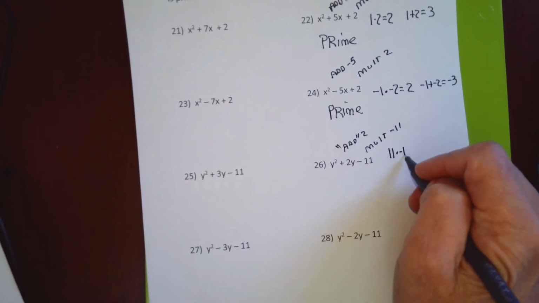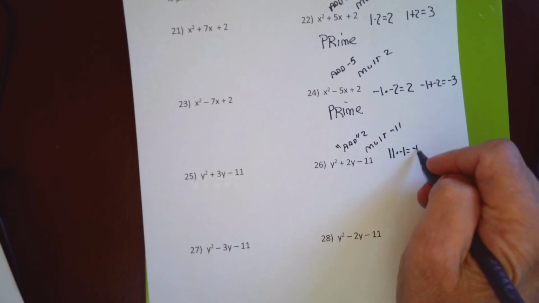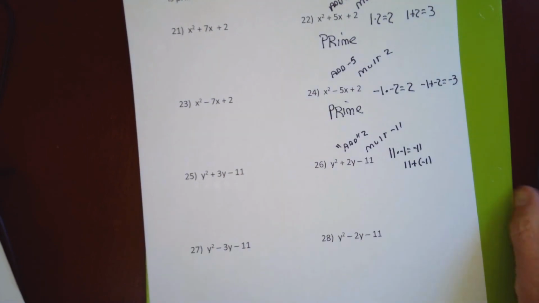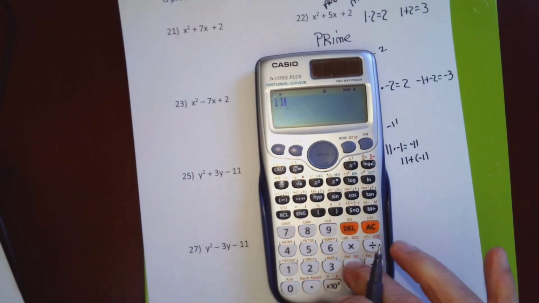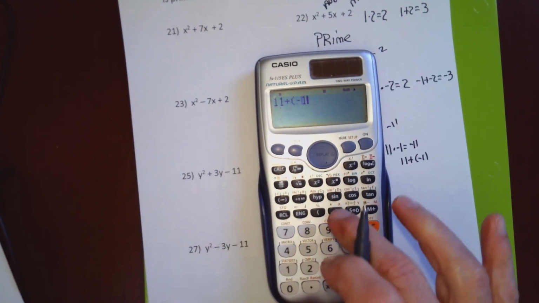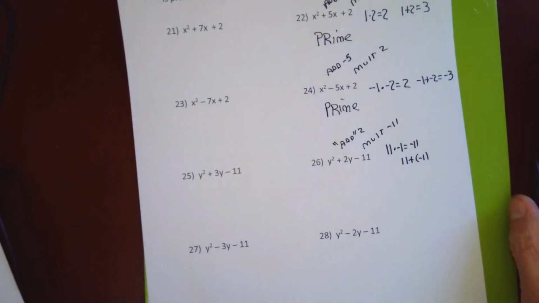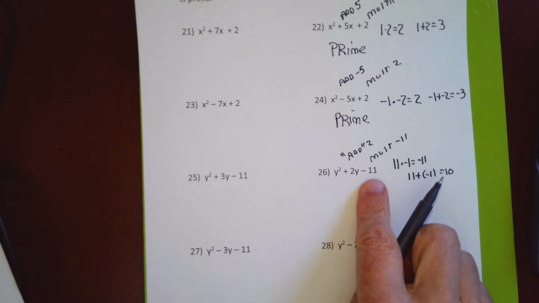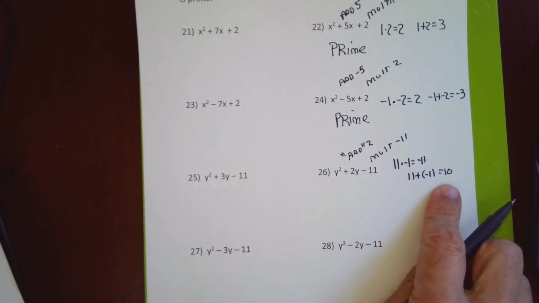So 11 times negative 1 multiplies to negative 11, but 11 plus negative 1 doesn't add to 2. So the only choices that can possibly multiply to negative 11 and fit the signs that I need don't add to be 2.